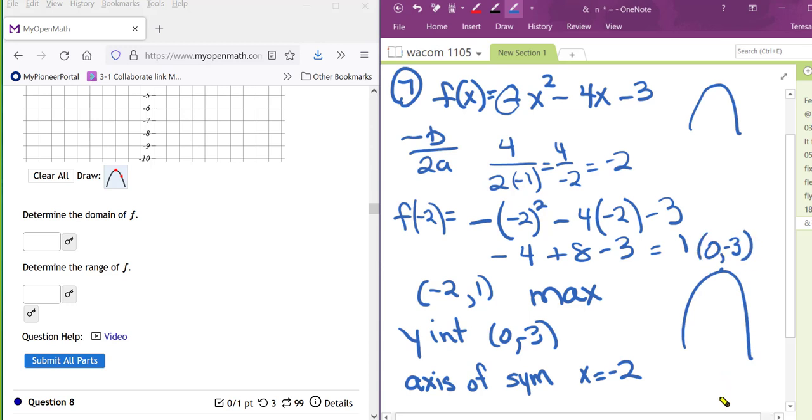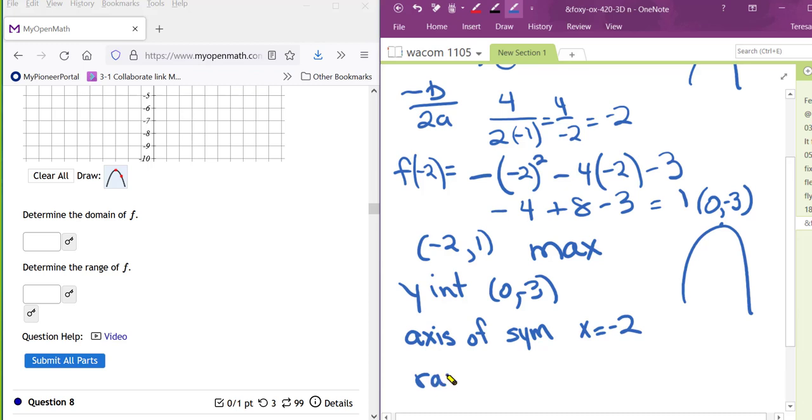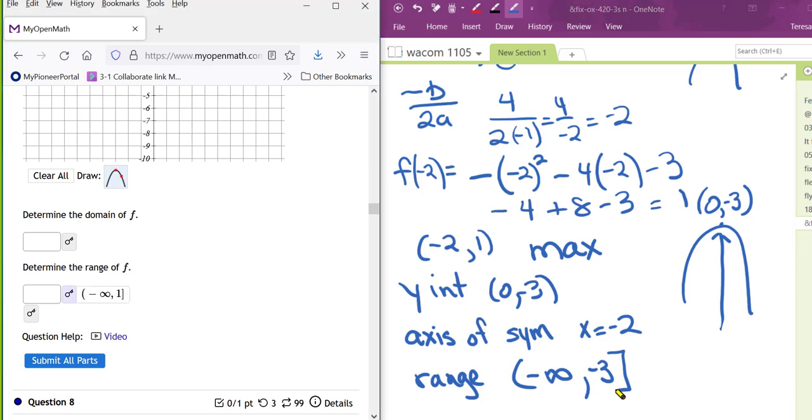So your range is going to come from negative infinity, the highest point on it will be -3, and you're going to touch that. I'm so sorry. I picked the Y-intercept. I should have put vertex here.